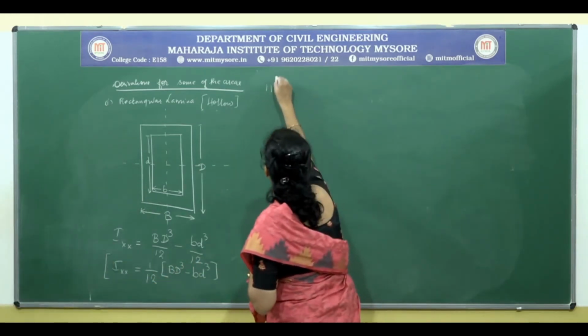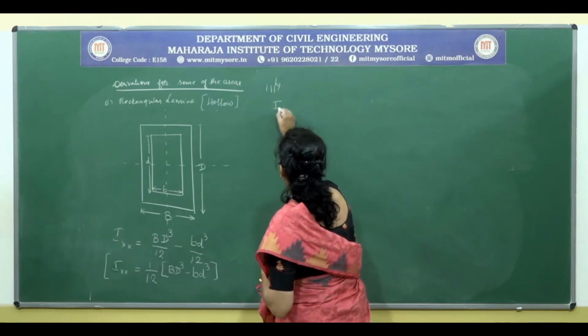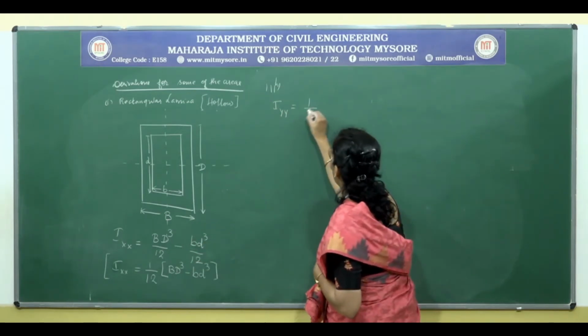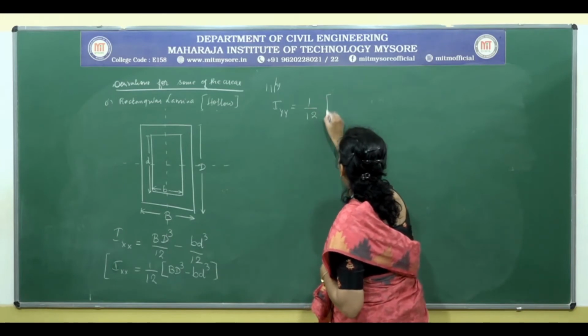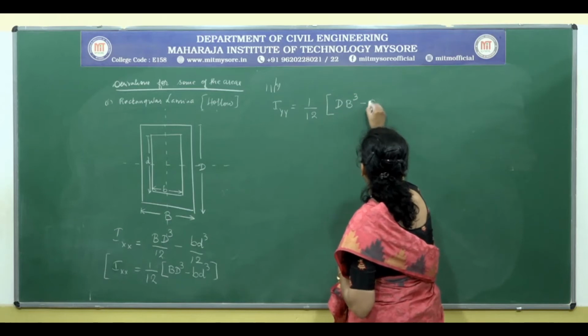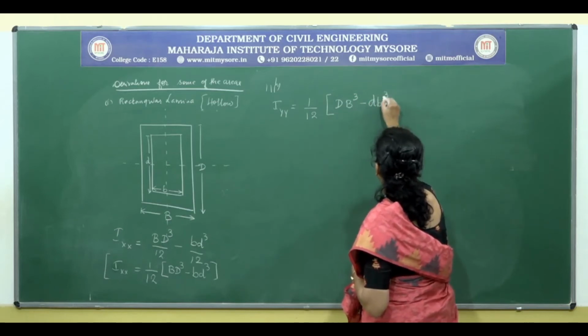Similarly, Iyy is equal to 1 by 12 into DB cube minus db cube.